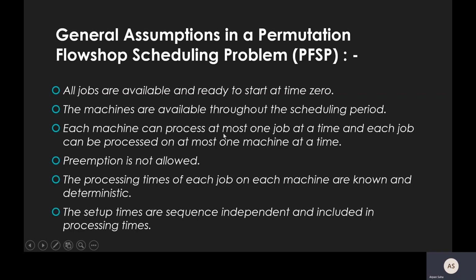Thirdly, each machine can process at most one job at a time, and each job can be processed on at most one machine at a time. Fourthly, preemption is not allowed. So no job can bypass any machine.